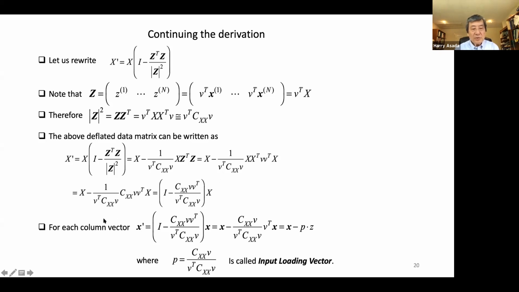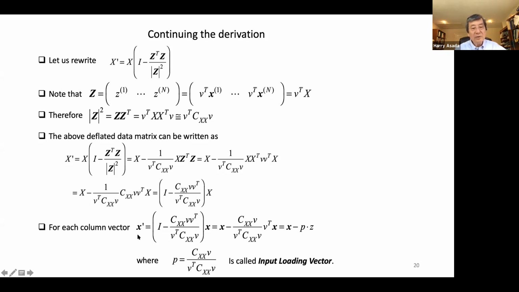So for each column vector, this is the one that we got. Okay, the data matrix is all collective expression. So if you look at this column-wise, you can pick, for instance, the first vector, and it shows up in this way, and the second vector, the third vector.